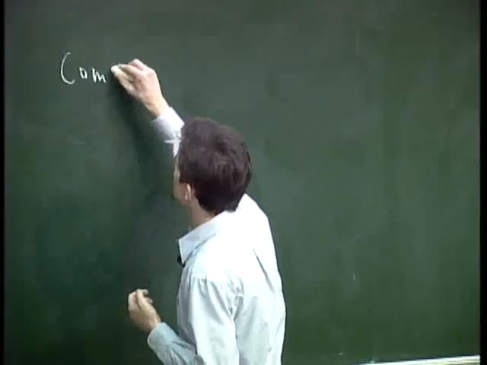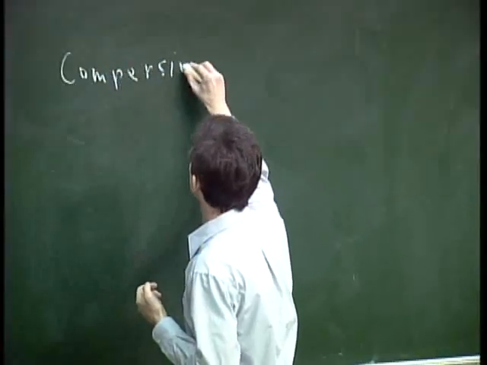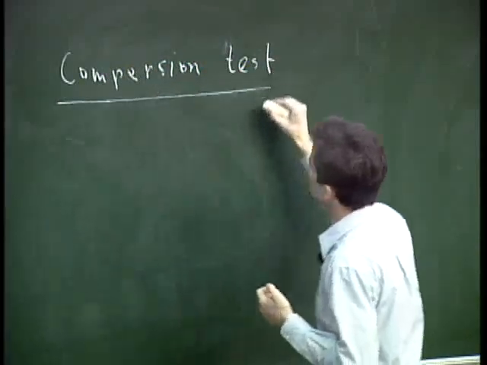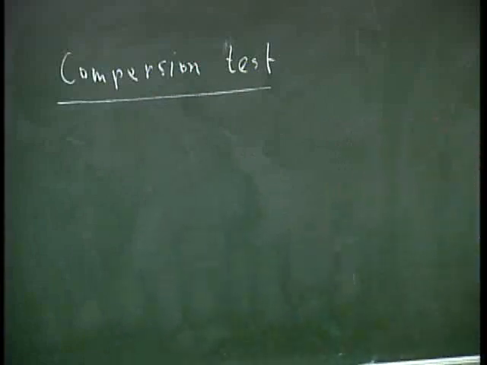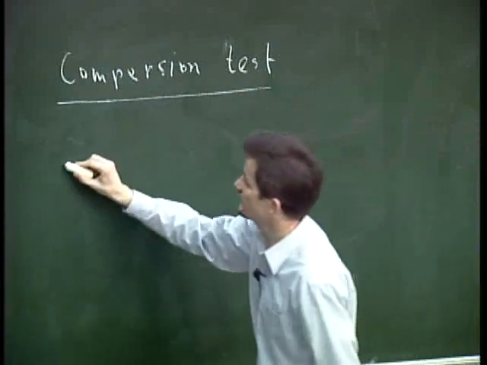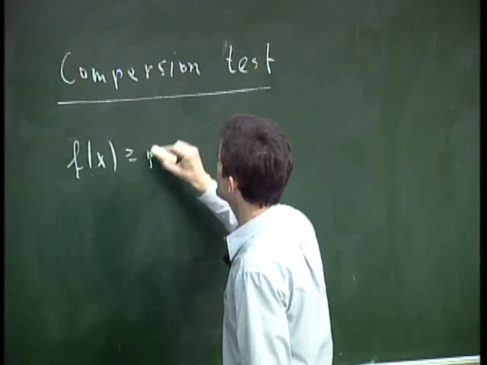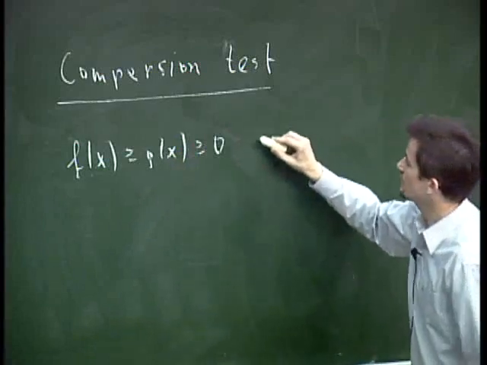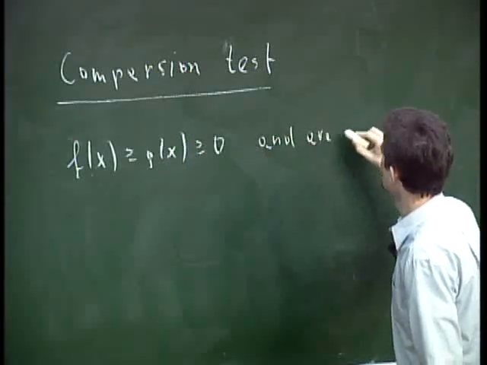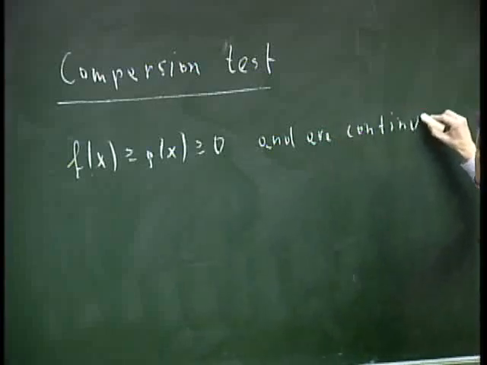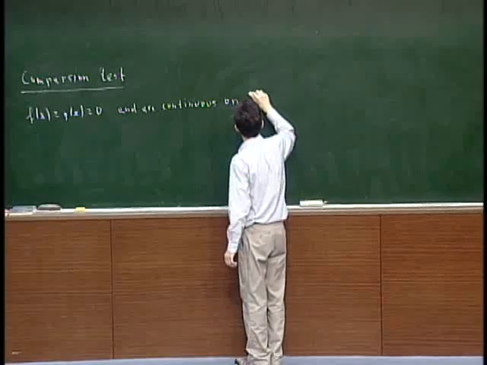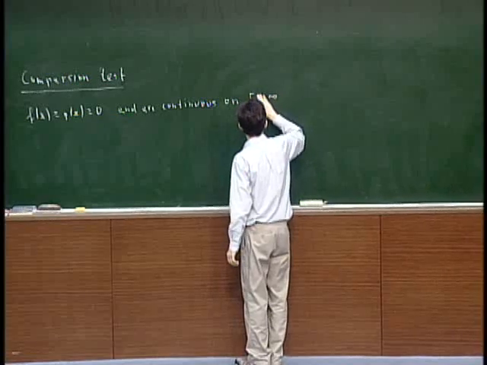So the main aim is now to check whether a given improper integral is convergent or not. For this you can use the comparison test. You assume you are given two functions which satisfy this relation here and are continuous on, it doesn't matter, let's say this interval, or let's say a to infinity.